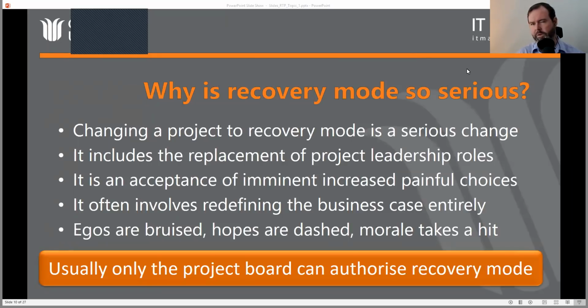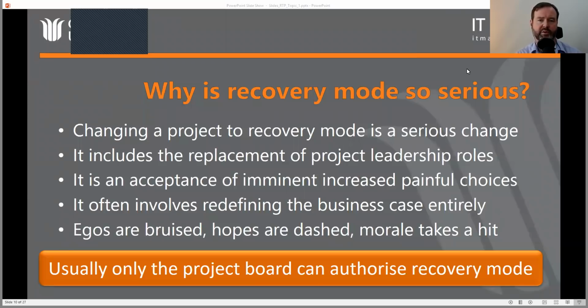And because of the magnitude of this, it's usually the project board, or whoever constitutes the major decision makers controlling the mandate for the project, who will make the decision to enter recovery mode. And sometimes recovery mode is a last-ditch effort to say, well, we really don't want to just cancel this and walk away from it.